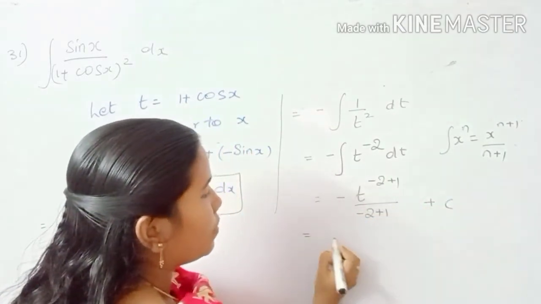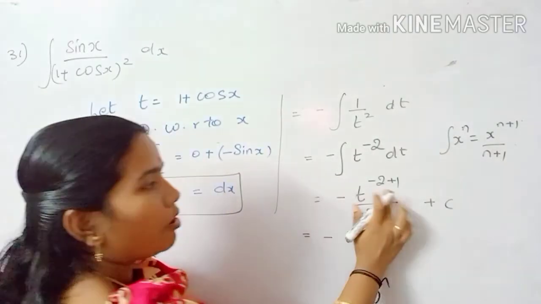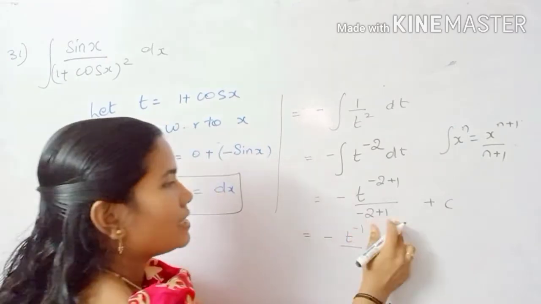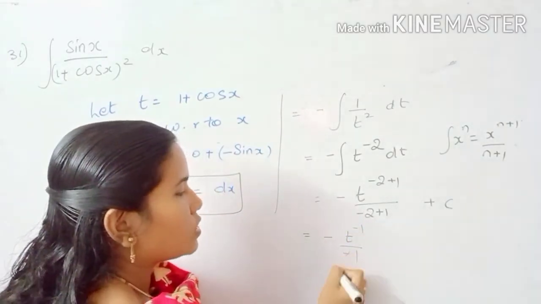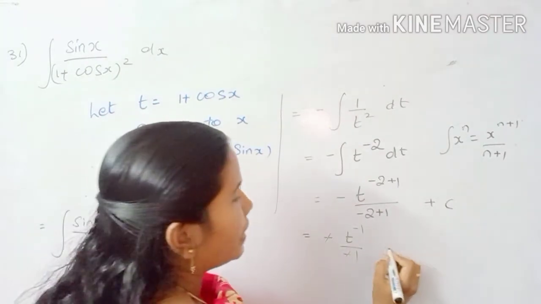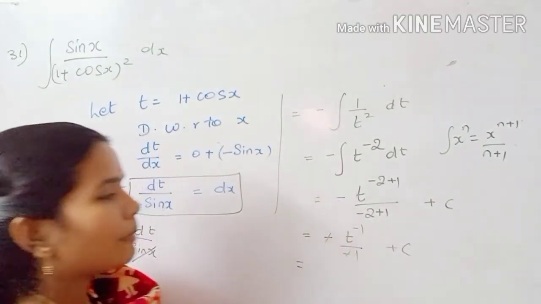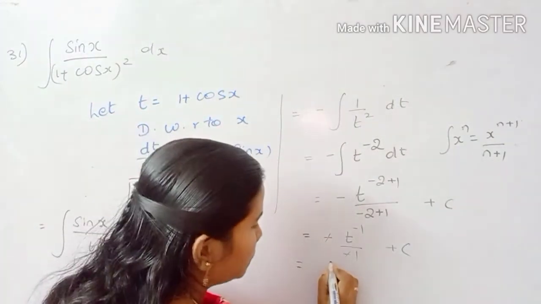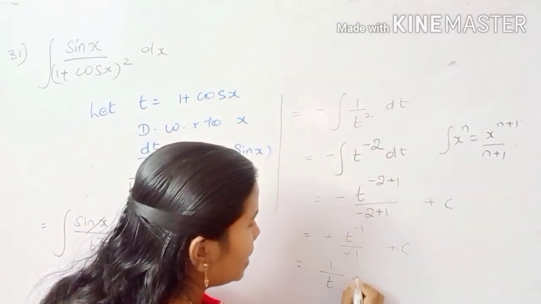Minus 2 plus 1 is minus 1, divided by minus 2 plus 1 is minus 1. So minus minus will get cancelled and we are left with t power minus 1 plus c. T power minus 1 is 1 divided by t. So 1 divided by t plus c.